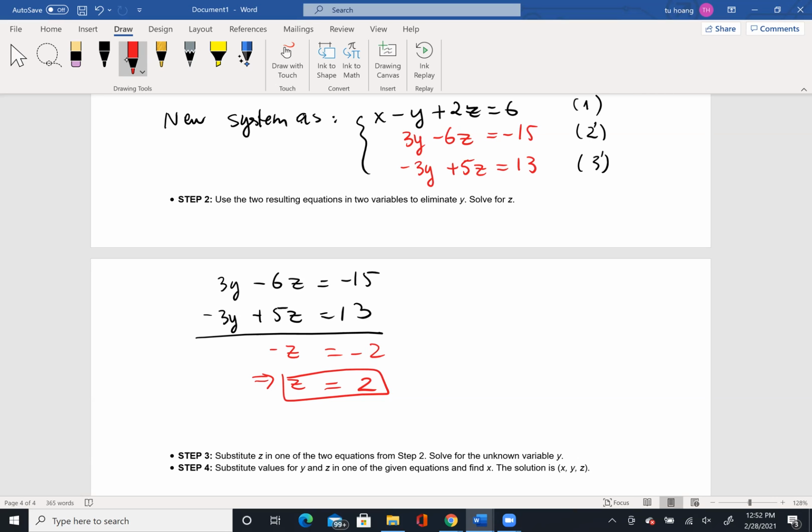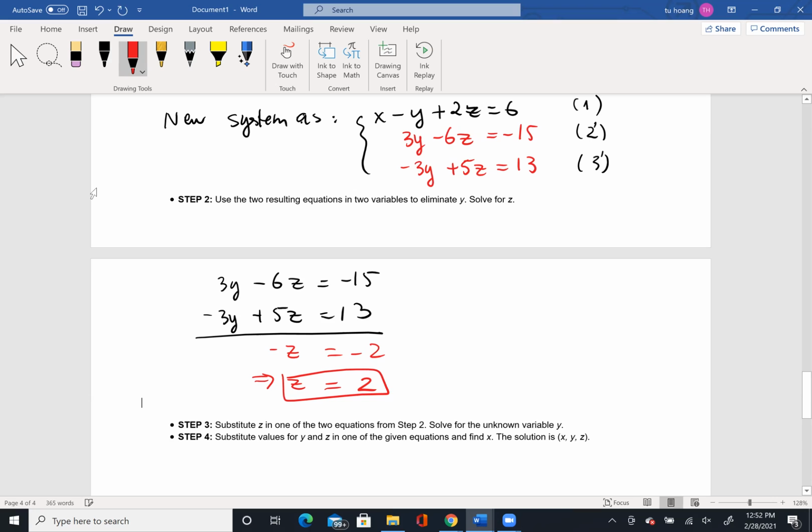So from here, I'm done with step number 2. I'm gonna go to step number 3. I say substitute z equal to 2 in one of the 2 equations from step 2, and then solve for y. What does that mean?